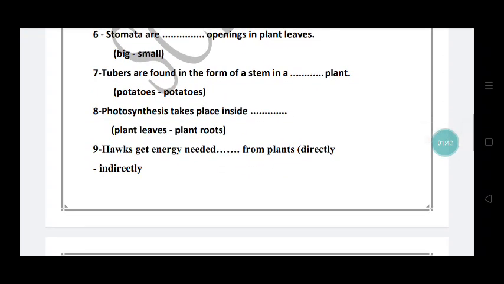Tubers are found in the form of a stem in a plant, potatoes or grapes? Right, grapes.